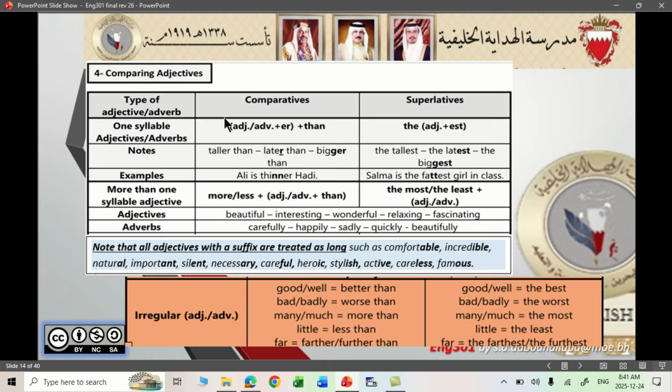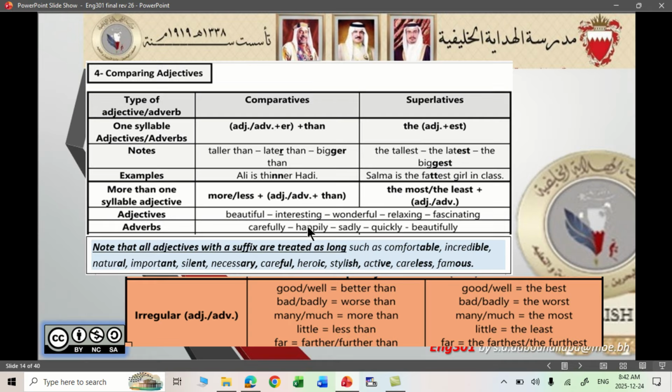Okay, so these are for short adjectives. Why? Because we have some long adjectives that do not follow that way. For long adjectives, we use more or less and the adjective plus than. So more beautiful than, more interesting than, more wonderful than, etc. And for the superlative, we use the most plus the adjective.